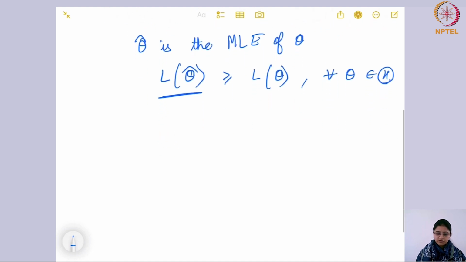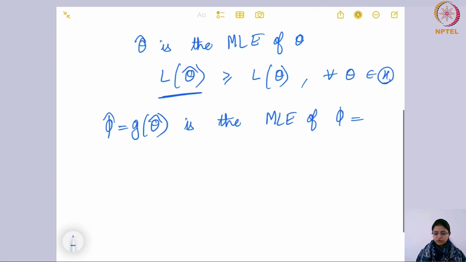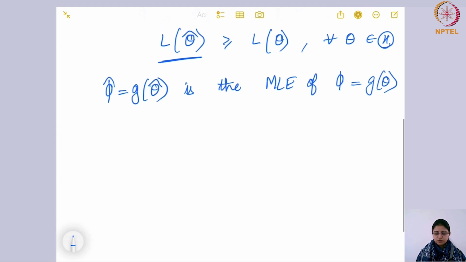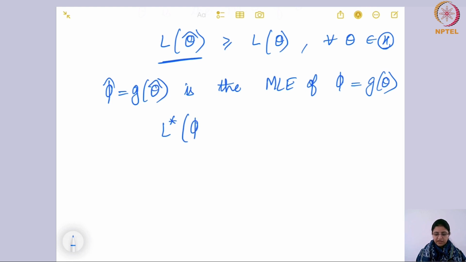If I have to show that g of theta hat, that is phi hat, is the MLE of phi equal to g of theta, it means I need to show that L star of phi hat is greater than L star of phi for every phi in the parameter space, capital phi.